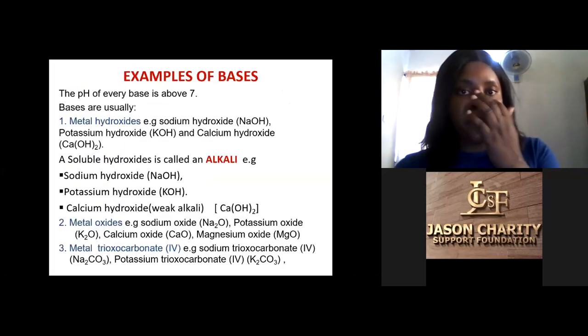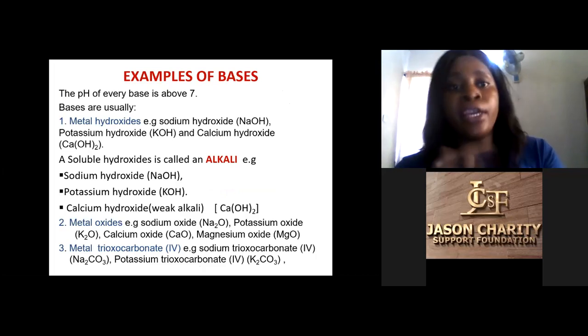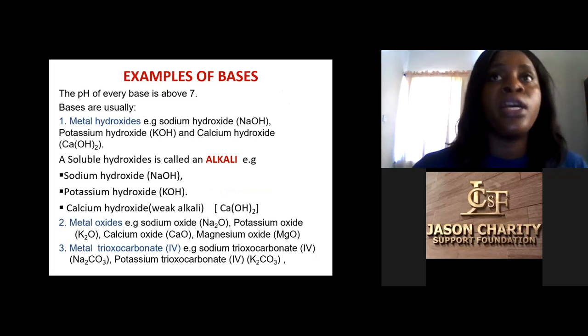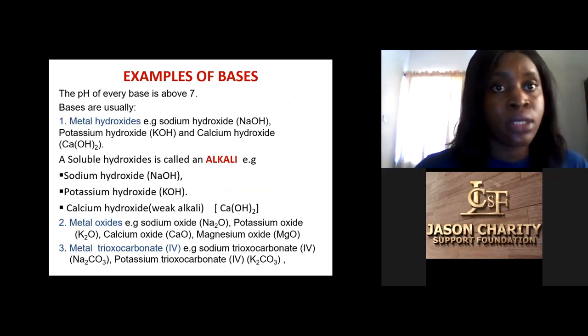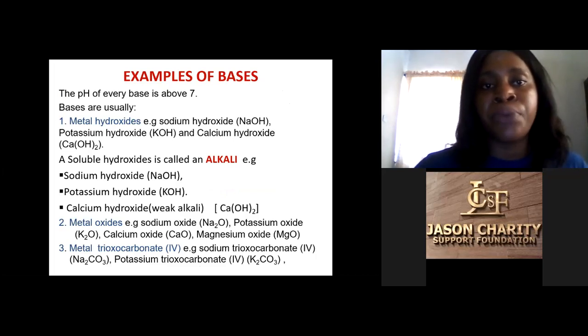So what we need to know is the pH, that is the potential of hydrogen or the degree of alkalinity of bases. Using the pH scale, bases range from above 7, because 7 is a neutral pH.